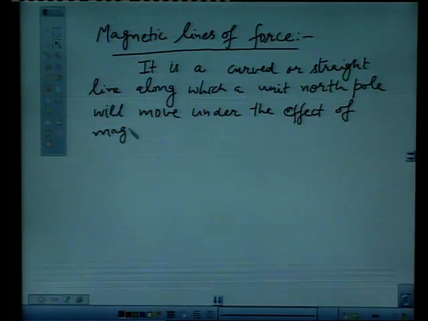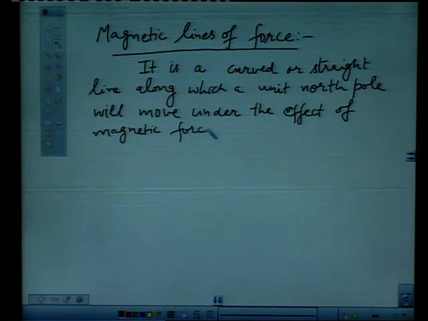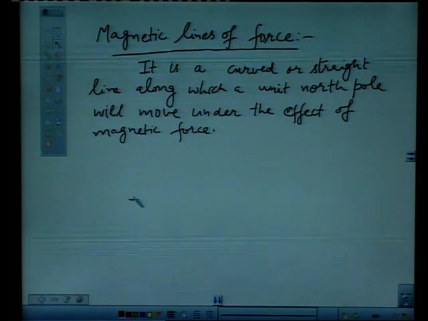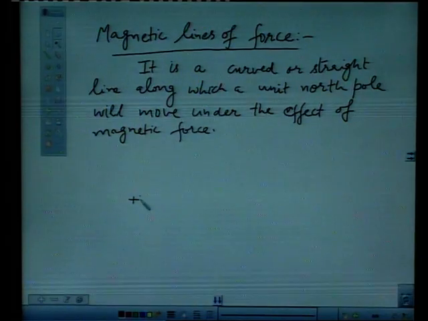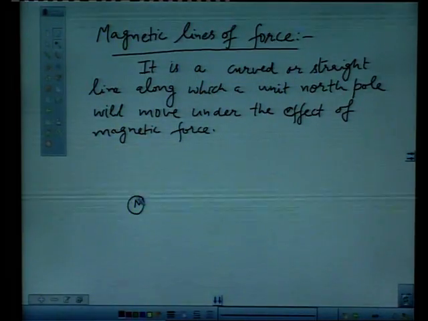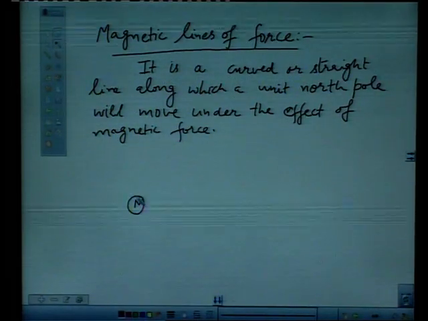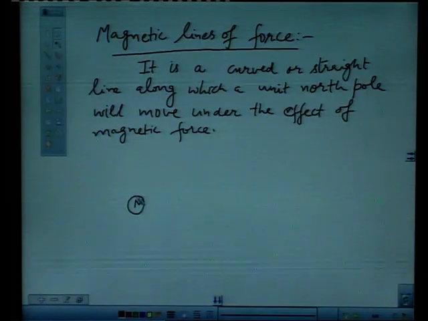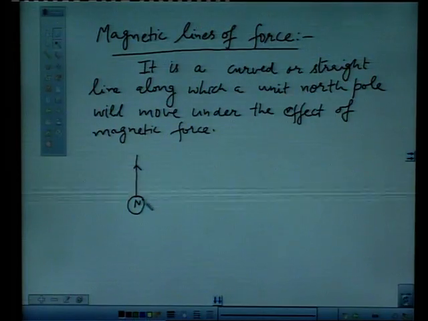Let us take a unit north pole. If we draw magnetic lines of force for the north pole, they are radially outward.